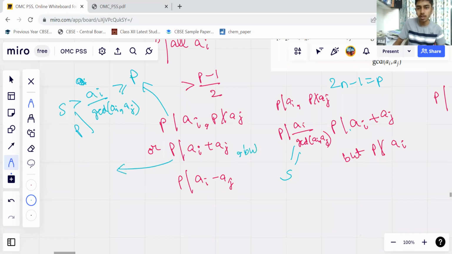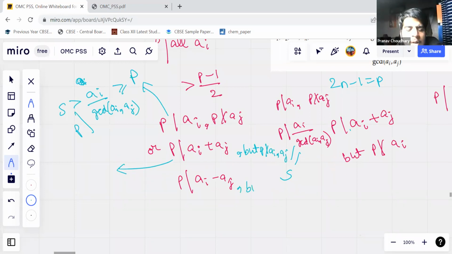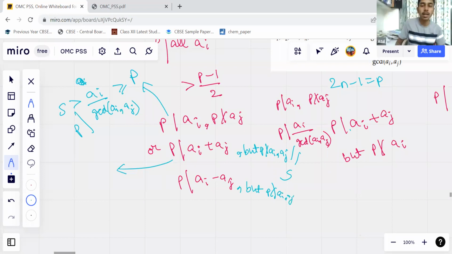In this case, P divides AI plus AJ, but P does not divide AI, AJ. Wait, what is S? Oh, that's S, the sum AI plus AJ by GCD of AI, AJ. In this case, P will just divide AI plus AJ by GCD, so you're good.